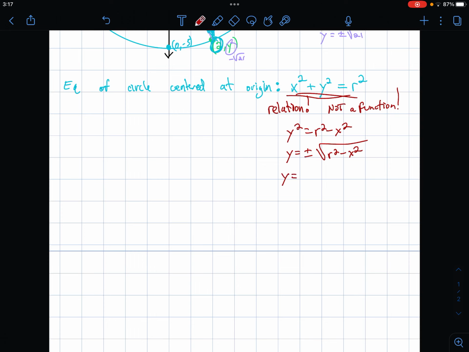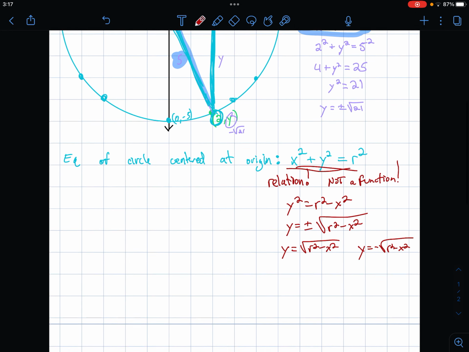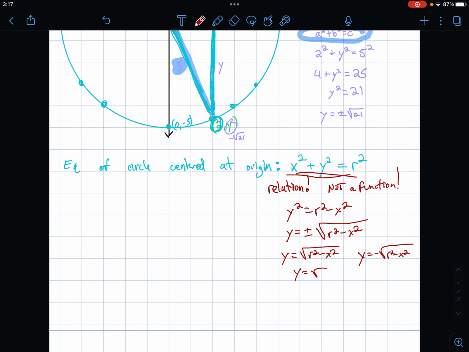Y would either have to be the positive root of r squared minus x squared, or y would have to be the negative root of r squared minus x squared, which is exactly what we saw when we had y equals root 21 or y equals the negative square root 21, because one part of this is covering the upper semicircle and the negative root covers the lower semicircle. Together, this represents the whole circle, but it's not a function, it's a relation. So that's good vocabulary to review and good to be aware of.